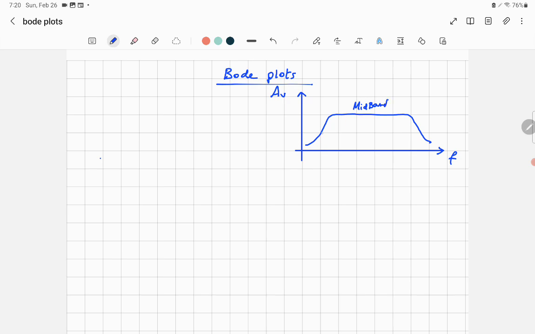And we have the cutoff frequencies. We define two values: the low cutoff frequency and the high cutoff frequency. And at this cutoff frequency, the value will be equal 0.707 of the AV of the mid band.